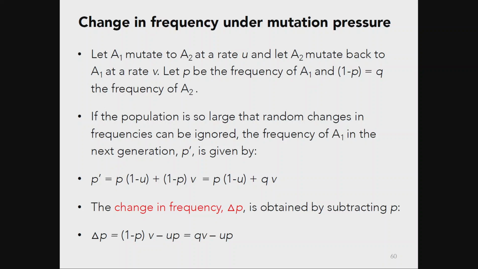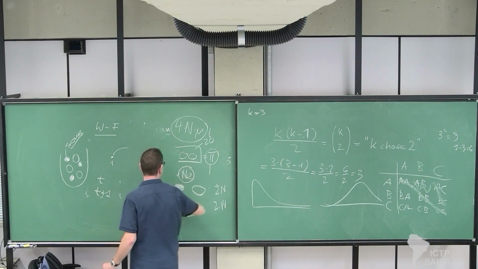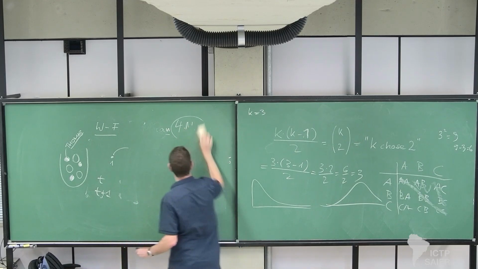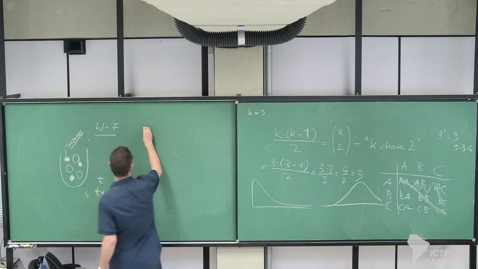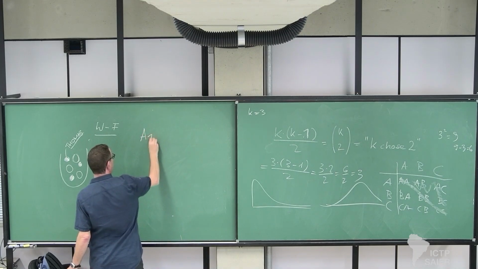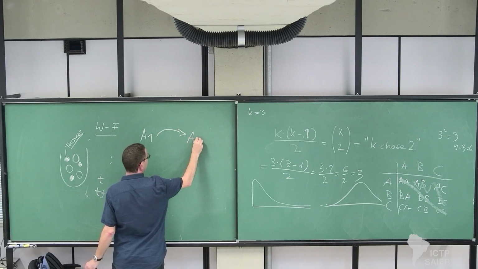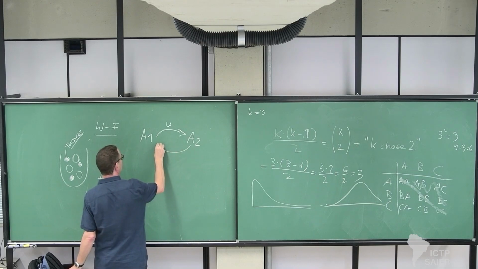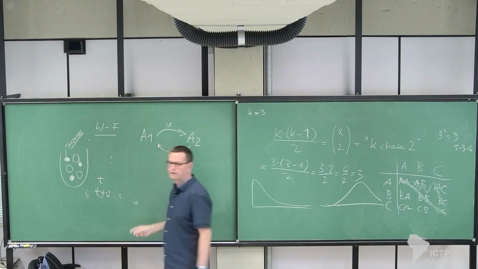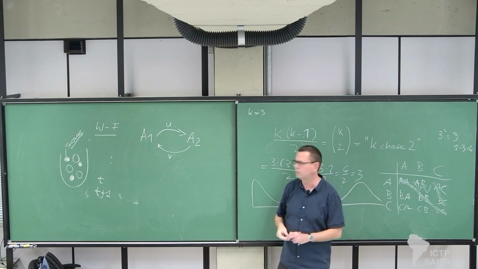So maybe I'm just going to draw this again. We have two alleles, and they can change state by mutating.